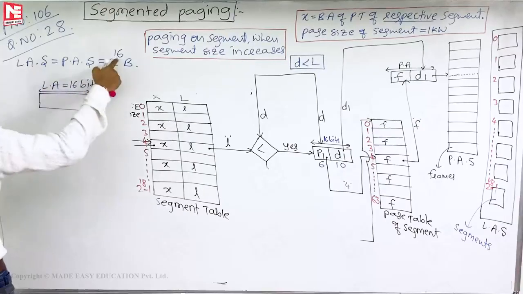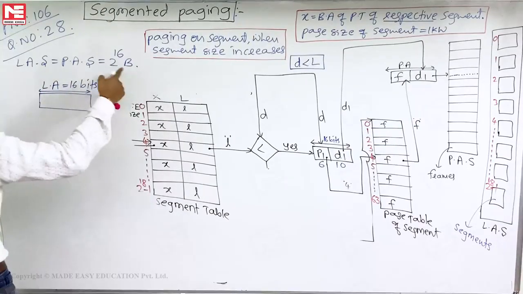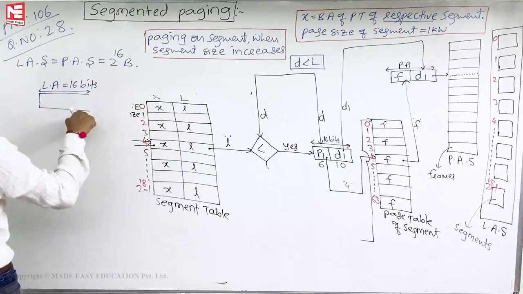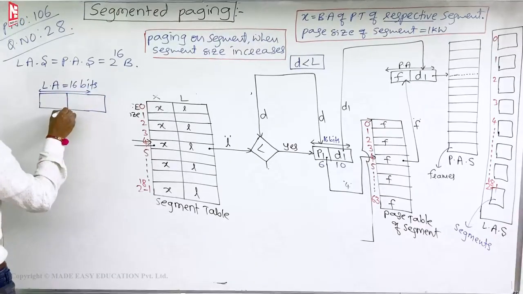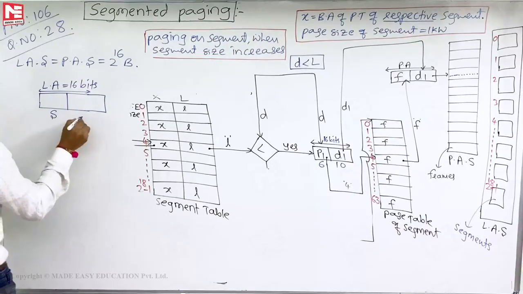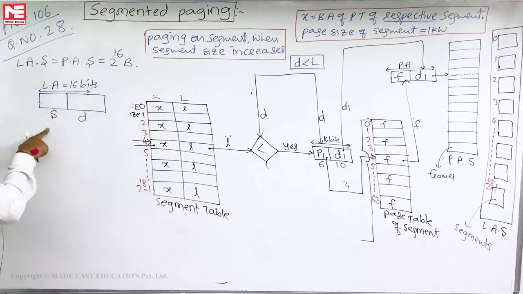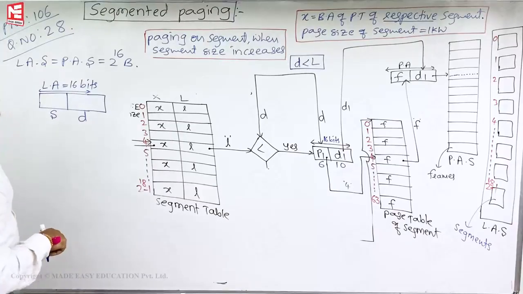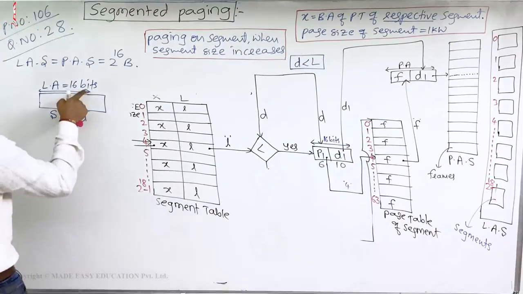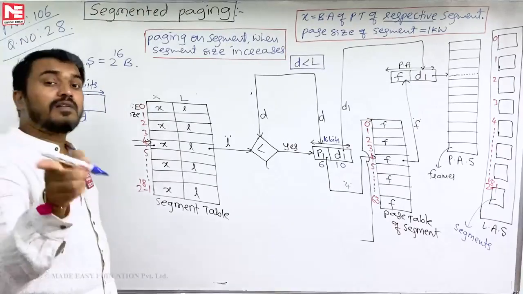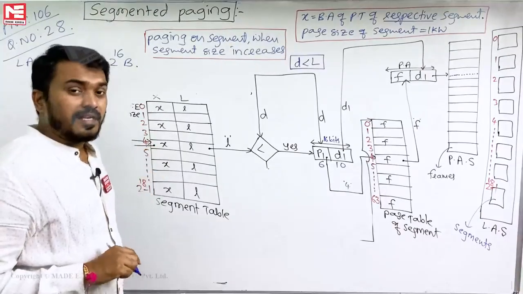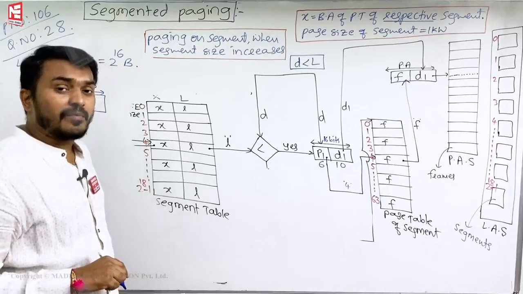LAS अगर 2 power 16 bytes है, byte addressable memory है, तो LA कितना होगा? 16 bits होगा. Yes or no? And LA will be divided into 2 parts, S and D. Segmentation में ऐसे ही divide होता है, S and D. Next क्या दिया question में? LAS is divided into 8 equal size segments. LAS के ऊपर कितना number of segments है?